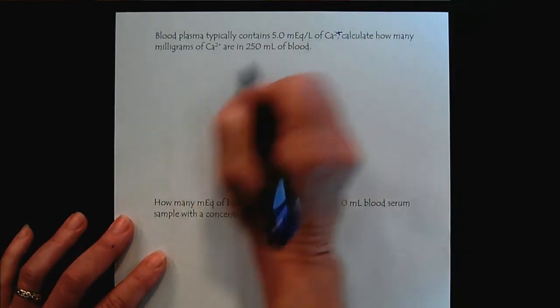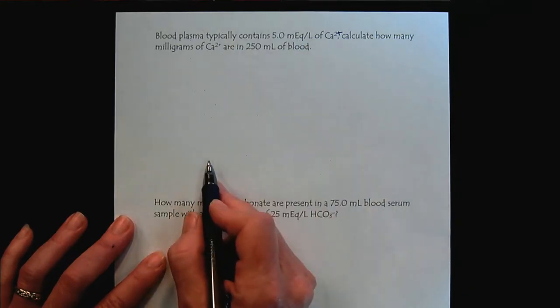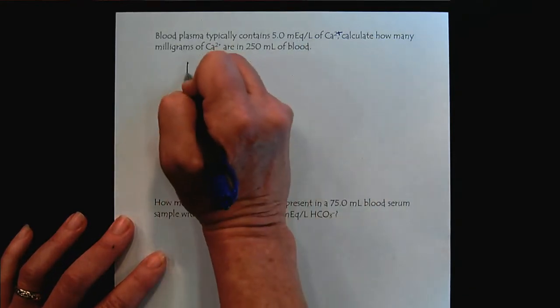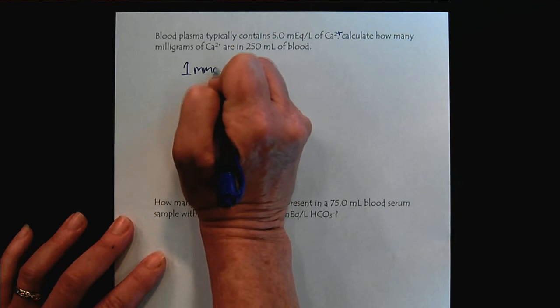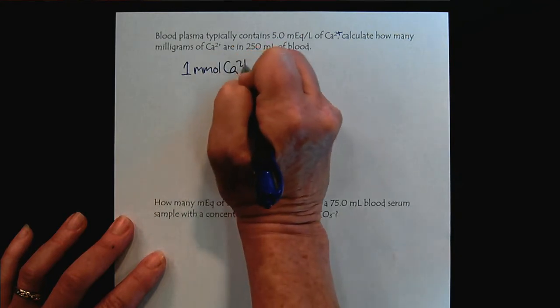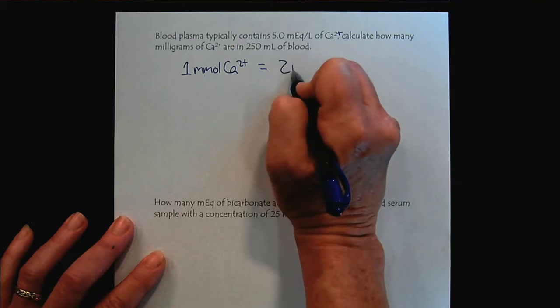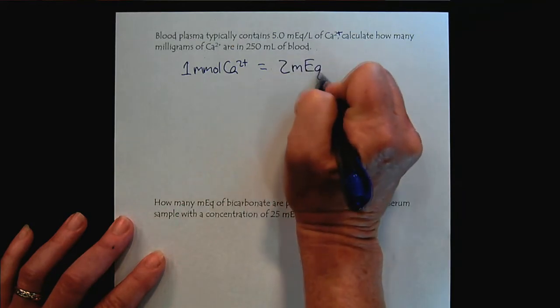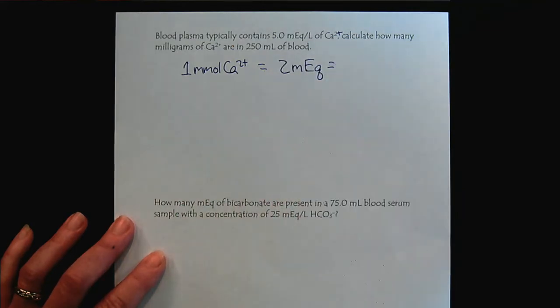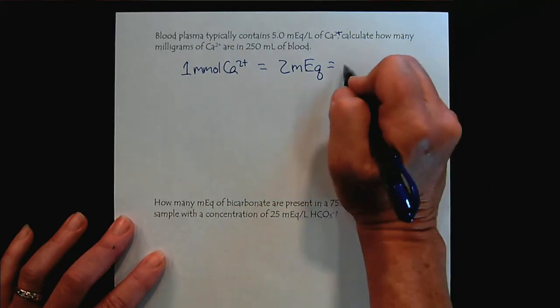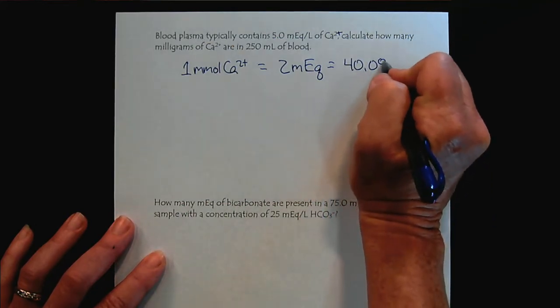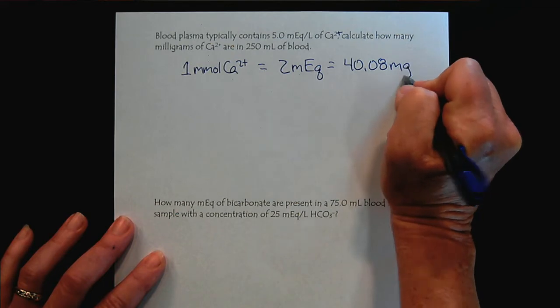And I see millis here, so we'll go ahead and work in milli. So remember that 1 millimole of calcium with the +2 charge is going to be 2 milli equivalents. And then we look to the periodic table, and that would be 40.08 milligrams.